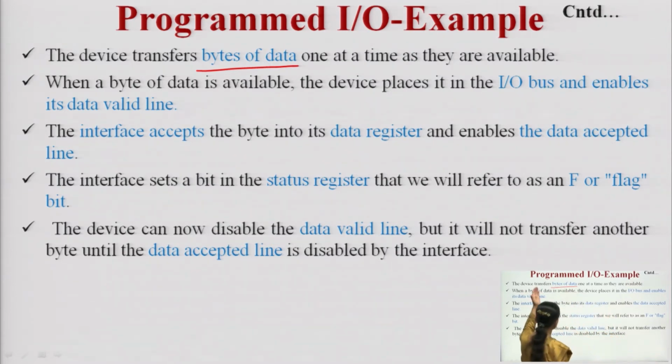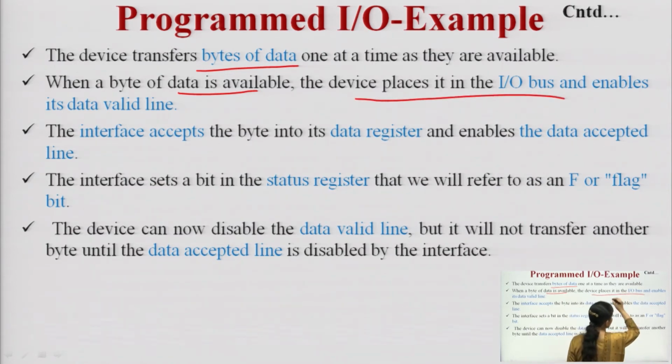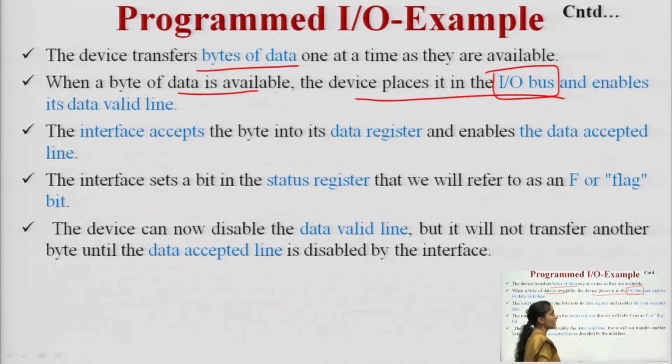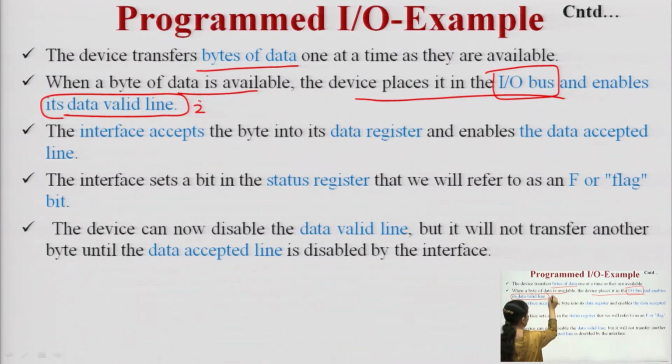The device transfers the bytes of data one at a time as they are available. Whenever a byte of data is available, the device places it on the IO bus. The first step: it places the content on the IO bus and enables its data valid line.